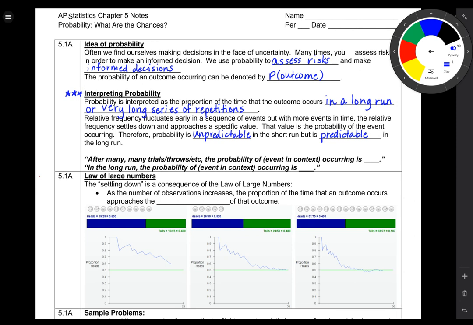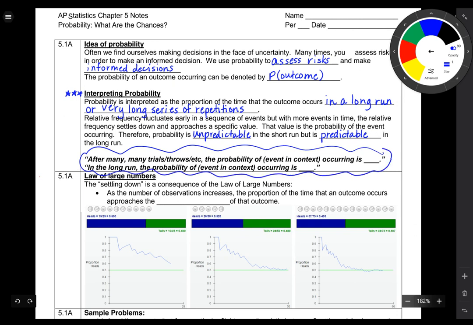And so here's the interpretation of probability. After many trials, throws, flips, tosses, games, etc., the probability of whatever event in context is occurring is a certain number. Or in the long run, the probability of event, whatever the event is, occurring is a certain number.